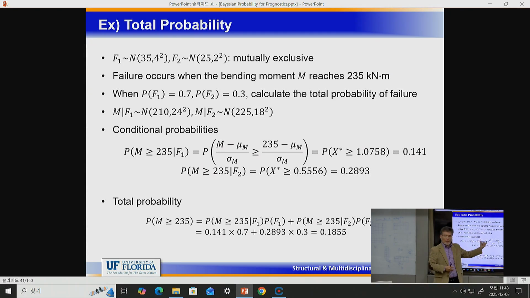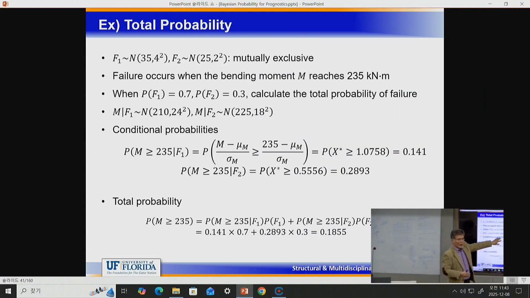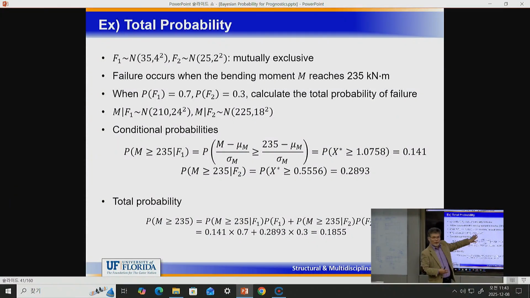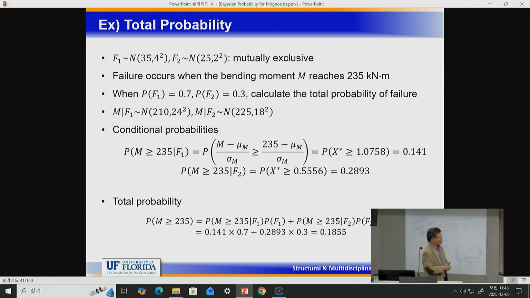And what is the mean of the normalized one? 0. Standard deviation? 1. So I shift my mean to 0 and scale my standard deviation to 1. So this will follow a standard normal distribution. And the right-hand side is determined by the number 235 minus the mean, divided by the standard deviation. This number turned out to be 1.075. Then this X star is a standard normal variable, so you can find its probability from the standard normal probability table, and that turns out to be 0.141.